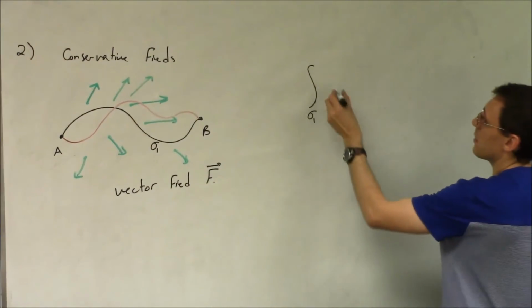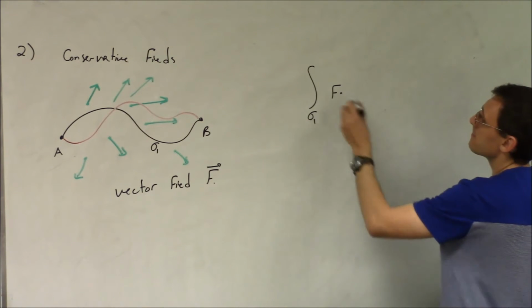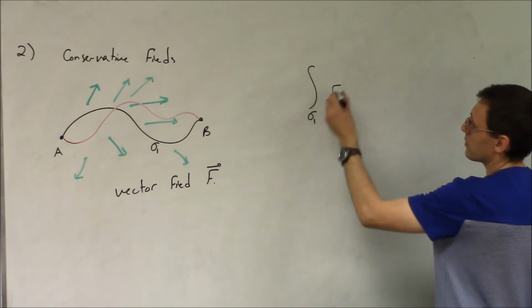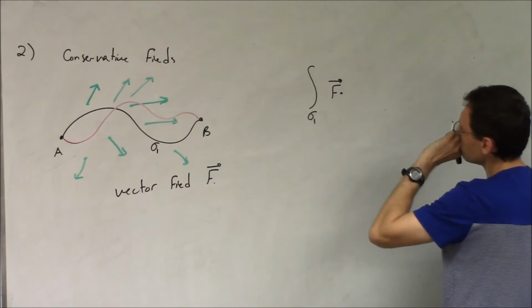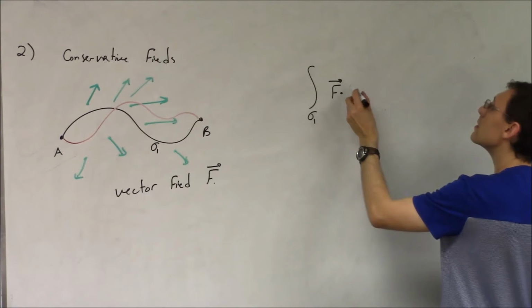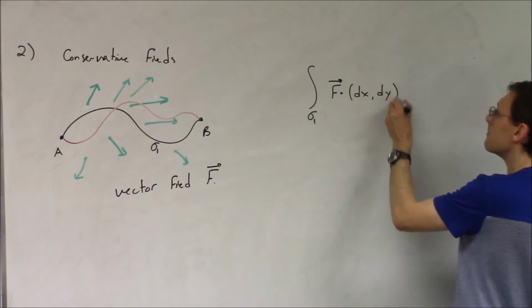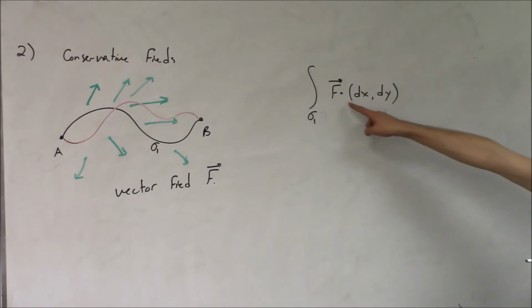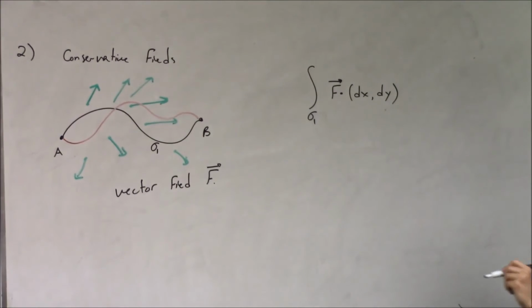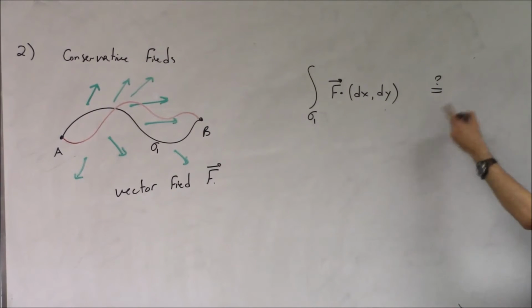So I can consider the integral over path sigma 1 of the dot product of the force with dx dy. So the work is going to be the dot product of this force with dx dy. And I want to know whether or not this depends on the path.